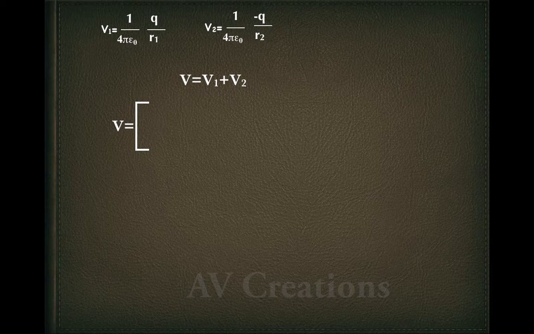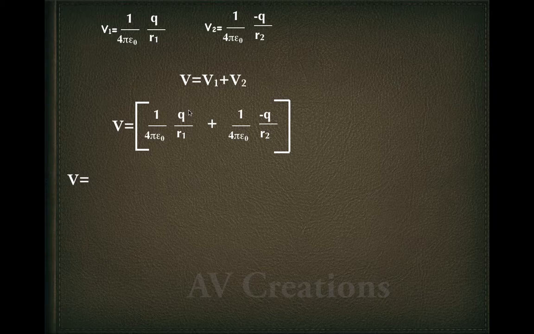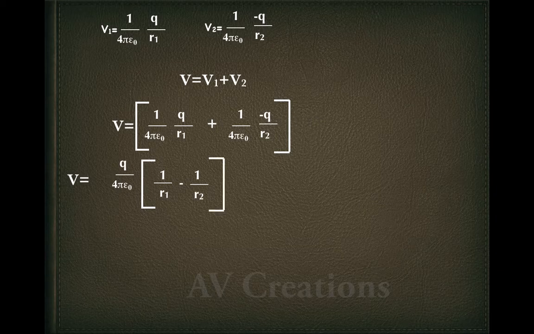V is equal to 1 by 4 pi epsilon 0 times q upon R1 plus 1 by 4 pi epsilon 0 times minus q upon R2. q upon 4 pi epsilon 0 is a common factor, so it will be q upon 4 pi epsilon 0 times 1 by R1 minus 1 by R2.